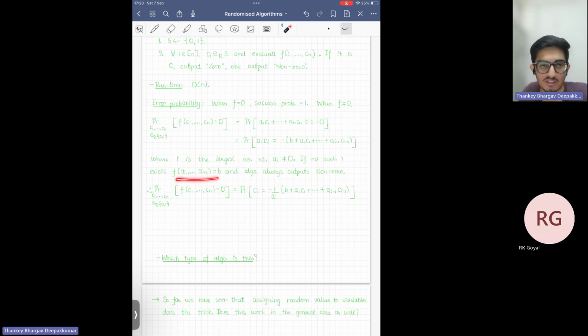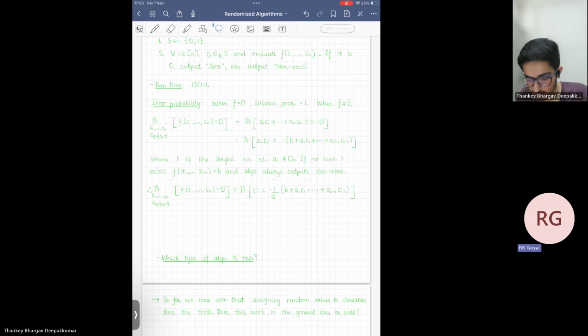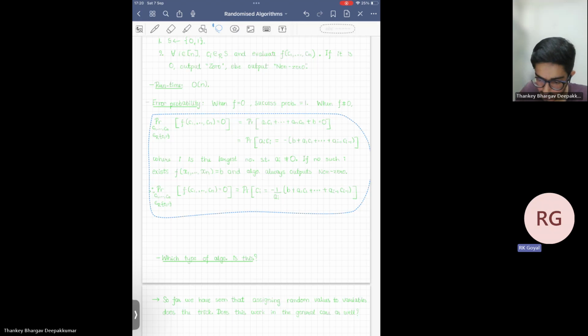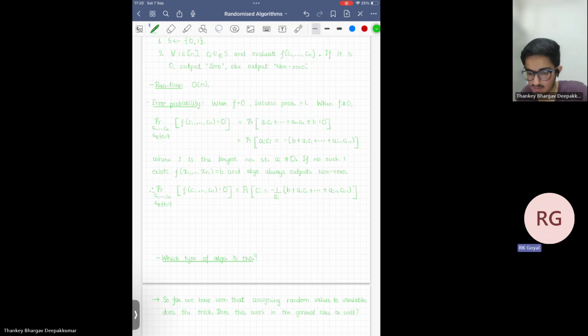In that case, f is a constant, right? So no matter what I plug in place of x1 to xn, the evaluation of f is always going to be B, which is non-zero. So the algorithm would always output non-zero, under the condition that all the AIs are equal to 0.